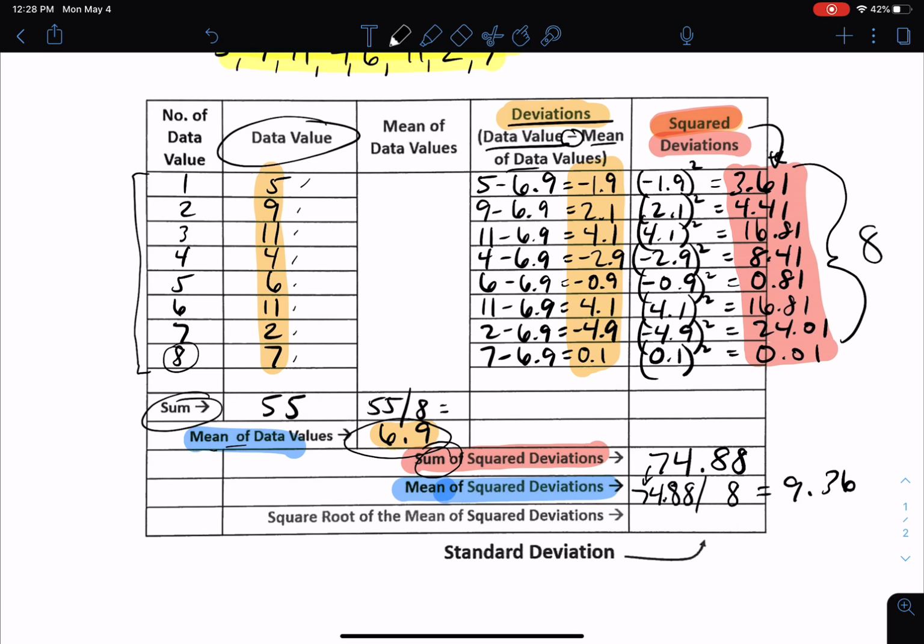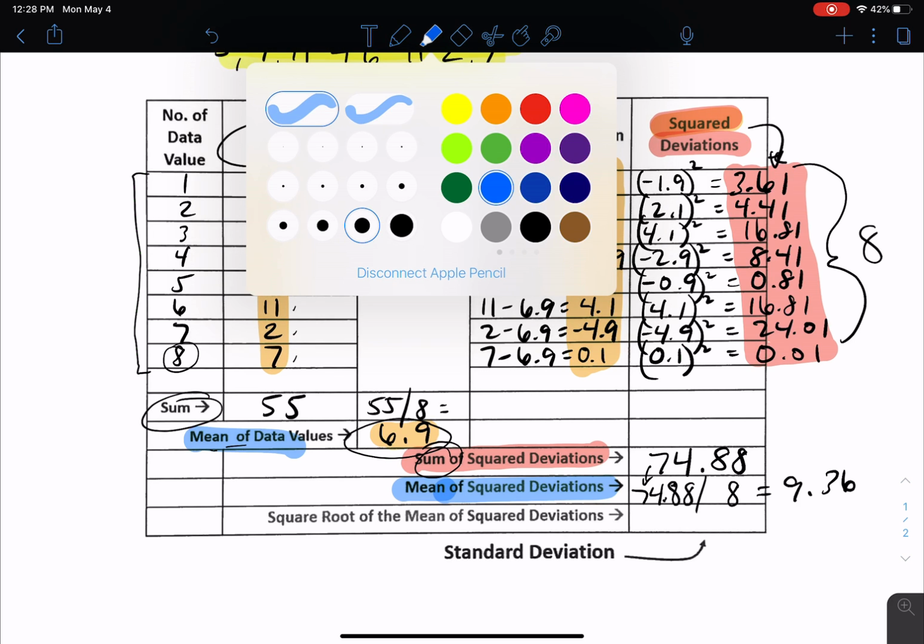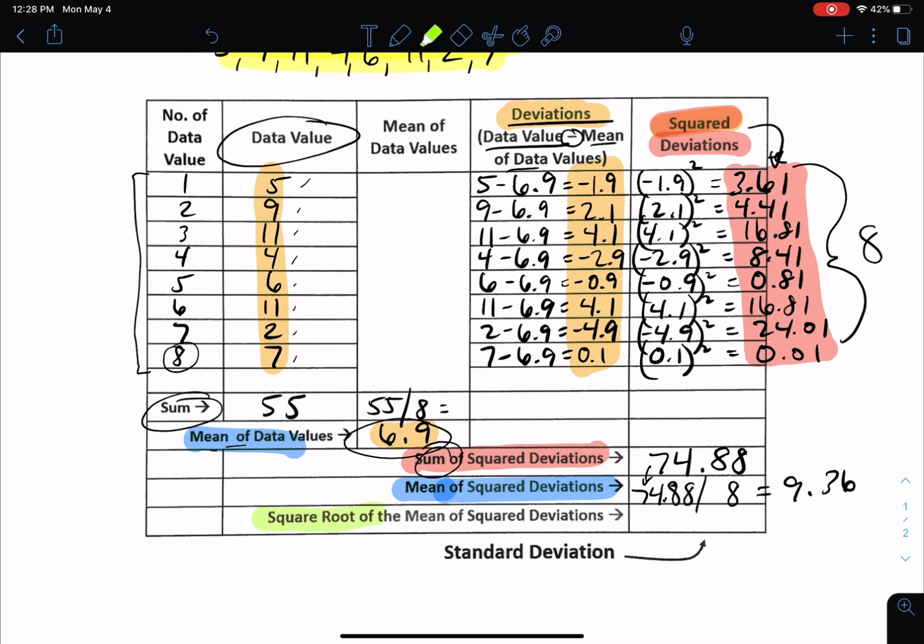Okay. The last step is to take that number and find the square root of it. Because remember, I squared them up here. Now I got to do the opposite, which is square root. Okay, so let me find the square root of 9.36.